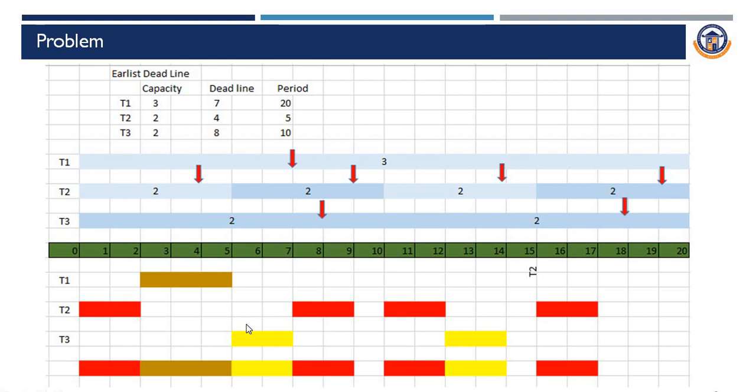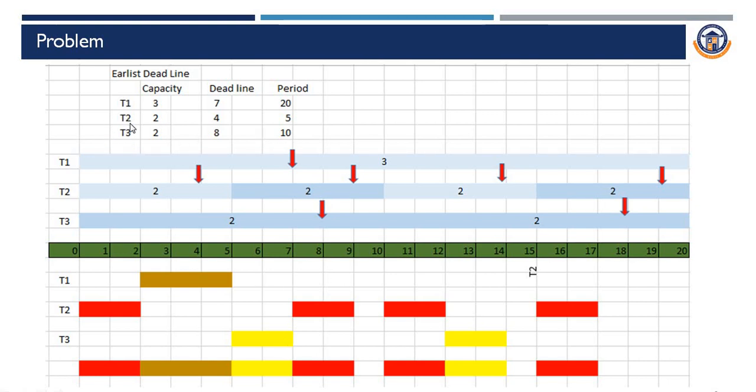So from 5 to 7, it has to process 2 units. We also have to take care of the deadline: before the deadline 8 is reached, T3 will be processed.